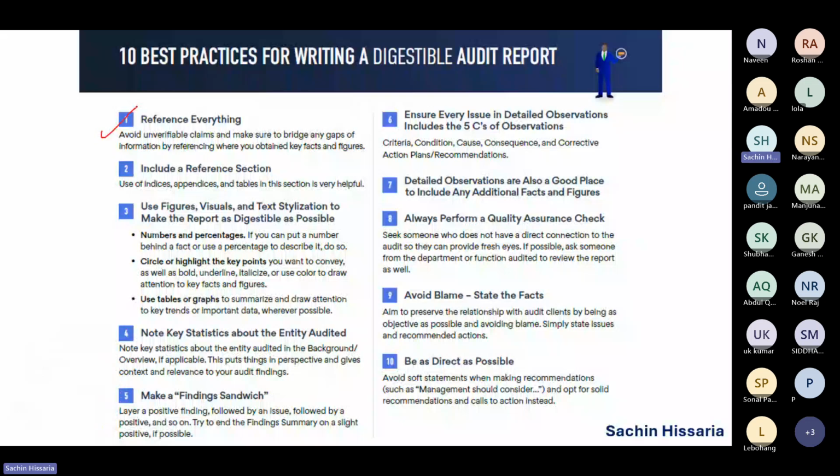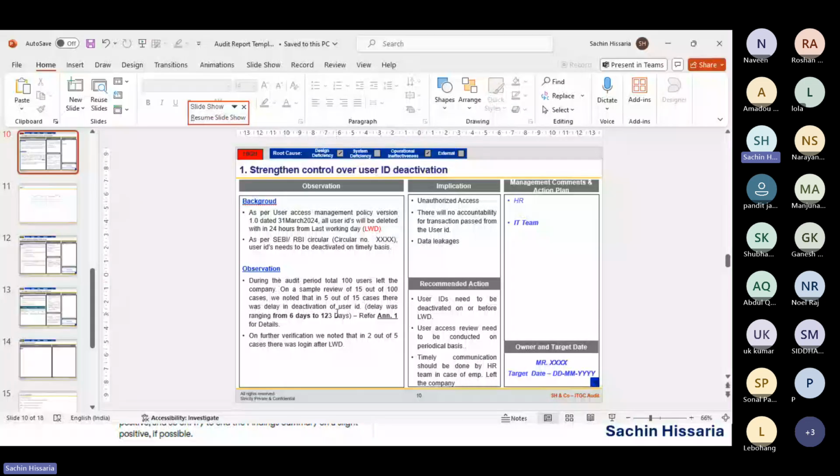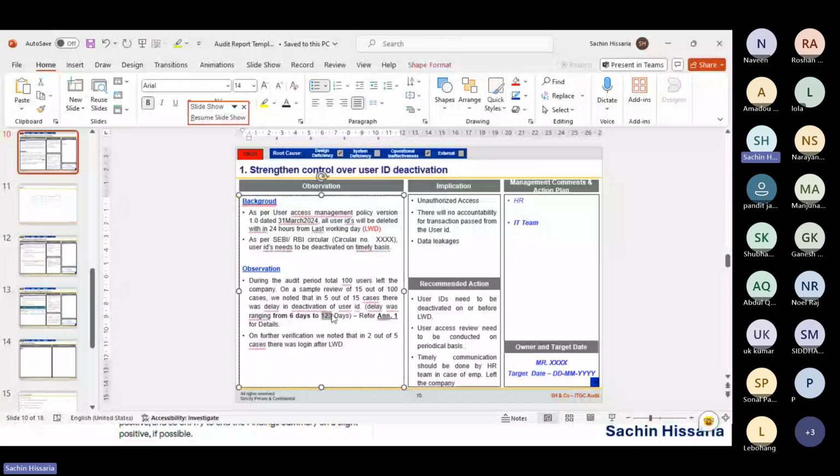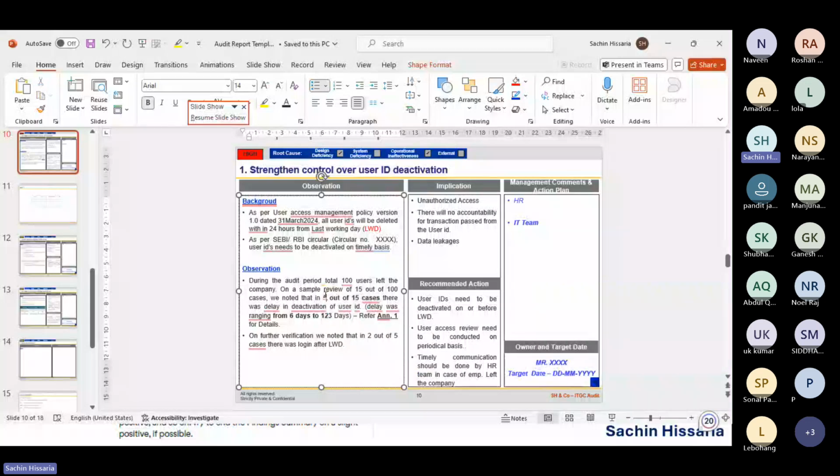Now, one more good practice I want to tell you guys. You can highlight, underline or bold things in your audit report. Suppose you want to highlight keywords like 5 out of 15 cases. In some cases you will see that they also write a percentage. 5 out of 15 cases is nearly 33%.